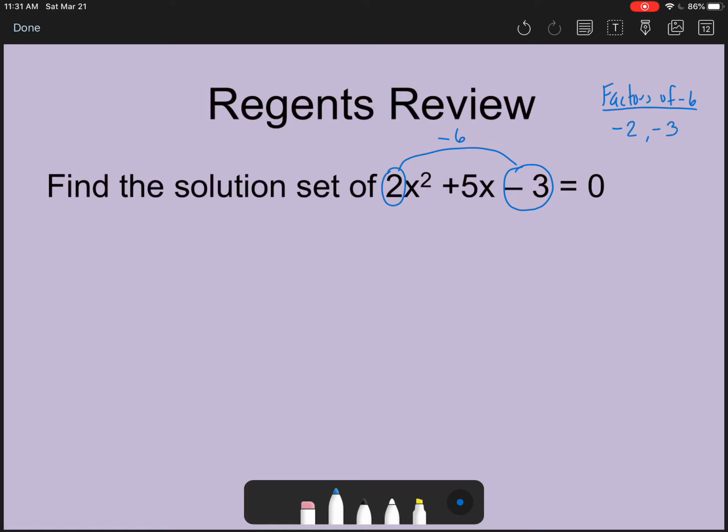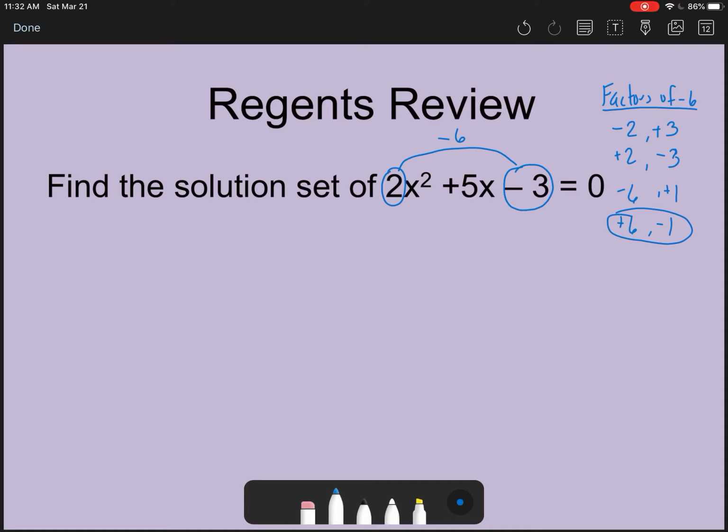Oh, wait. Sorry, guys. This should be reversed. One positive, one negative. Okay, negative 6, positive 1, positive 6, negative 1. Do any of those add up to positive 5? We got this one right here.